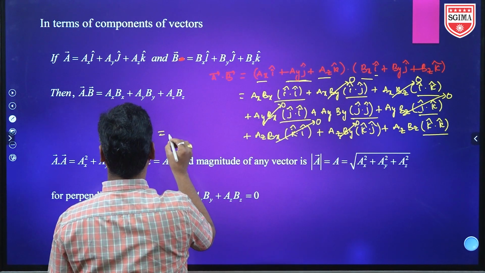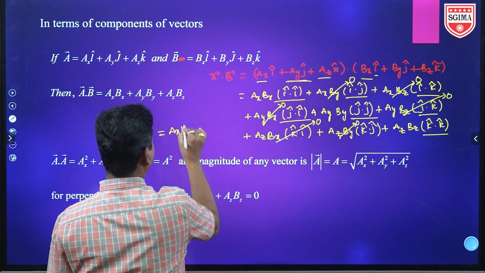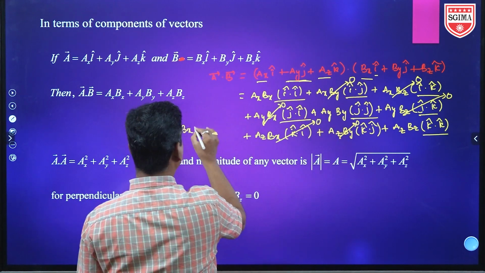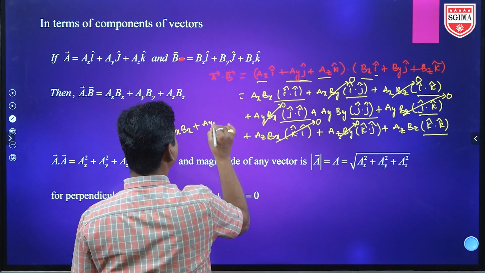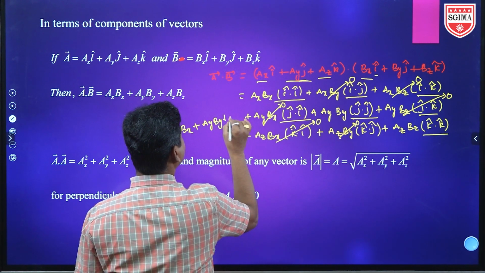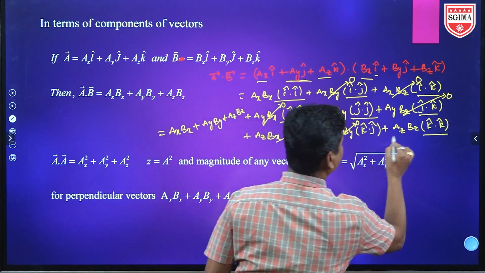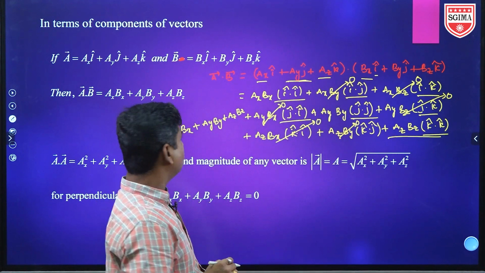So here I am writing ax bx, i dot i equal to 1. Next, ay by, plus az bz, where k dot k equal to 1.